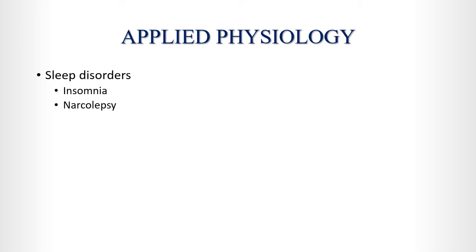Narcolepsy is a condition in which there is an episodic sudden loss of muscle tone accompanied with irresistible urge to sleep. That is slightly opposite to insomnia. Here, the person will fall asleep even if he is doing some activities, but the episode will be just for a few seconds. That is narcolepsy.